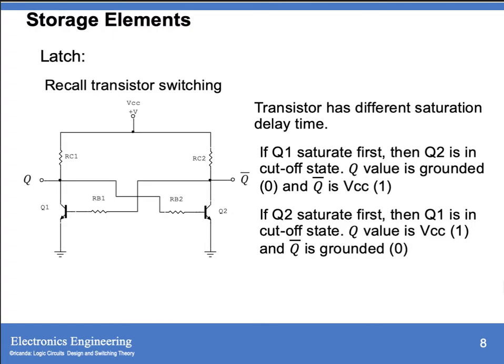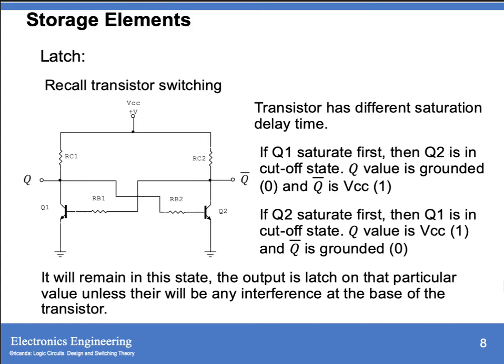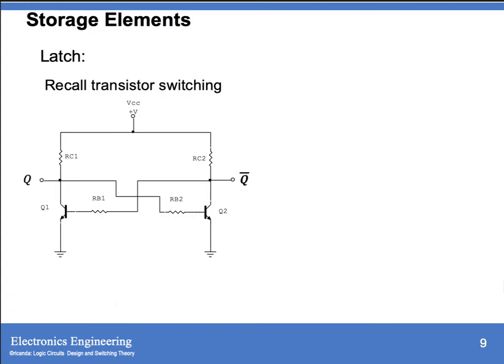If transistor 2 saturates first, then Q1 is in cutoff state. The value of Q is equivalent to VCC or 1 and Q bar is equivalent to 0 or grounded. So it will remain in this state. The output is latched on that particular value unless there is any interference at the base of the transistor.